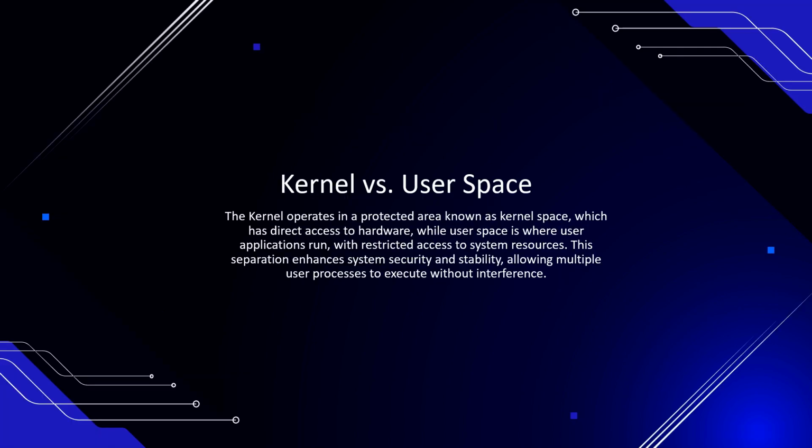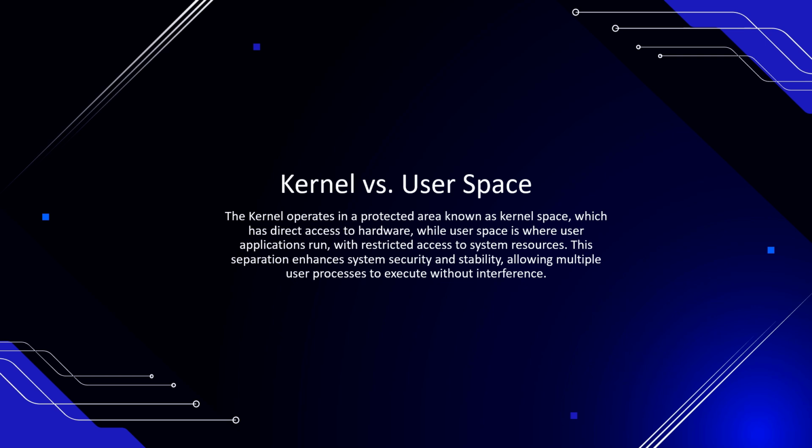So, kernel versus user space. The kernel operates in a protected area known as kernel space, which has direct access to hardware, while user space is where users run applications with restricted access to system resources.